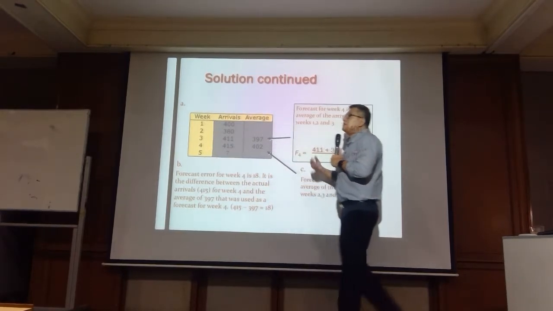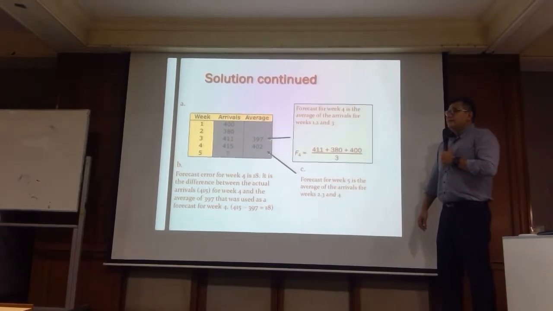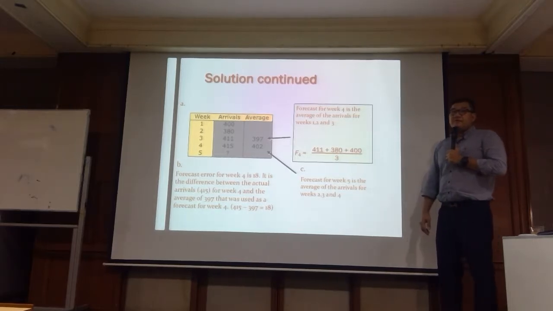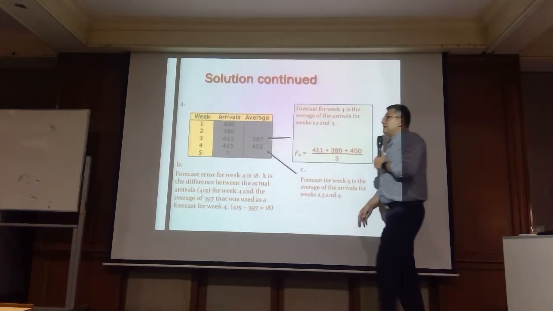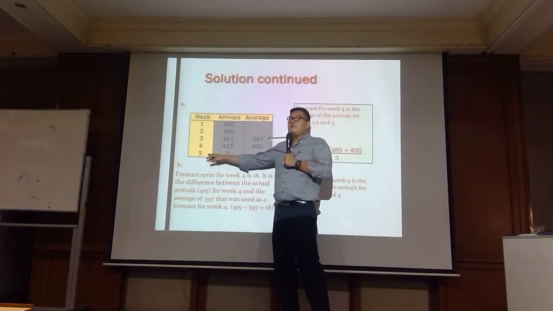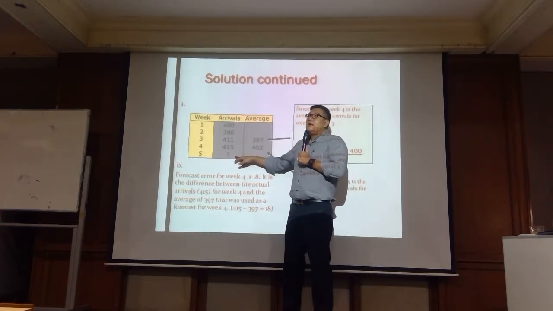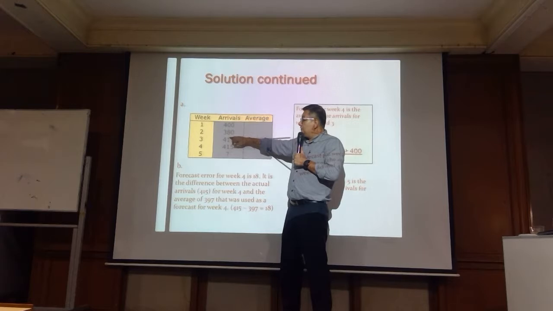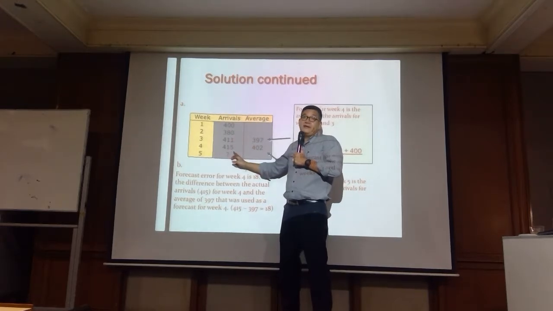What if I want to forecast the level for week 5 using a 3-week moving average? If I try to estimate the level for week 5 using a 3-week moving average, I'm going to use the actual values for week 4 plus week 3 plus week 2, all divided by 3, right?